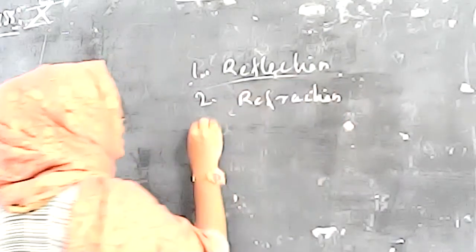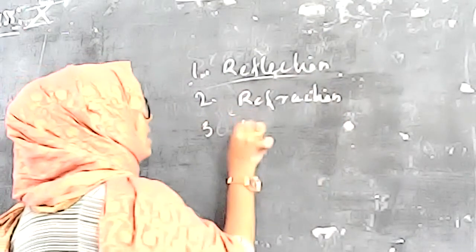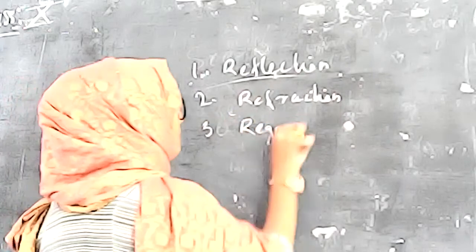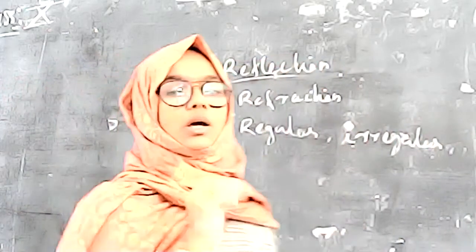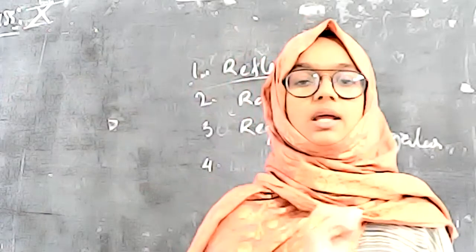There are two types of reflection: regular reflection and irregular reflection. Regular reflection occurs on a plane, smooth surface.